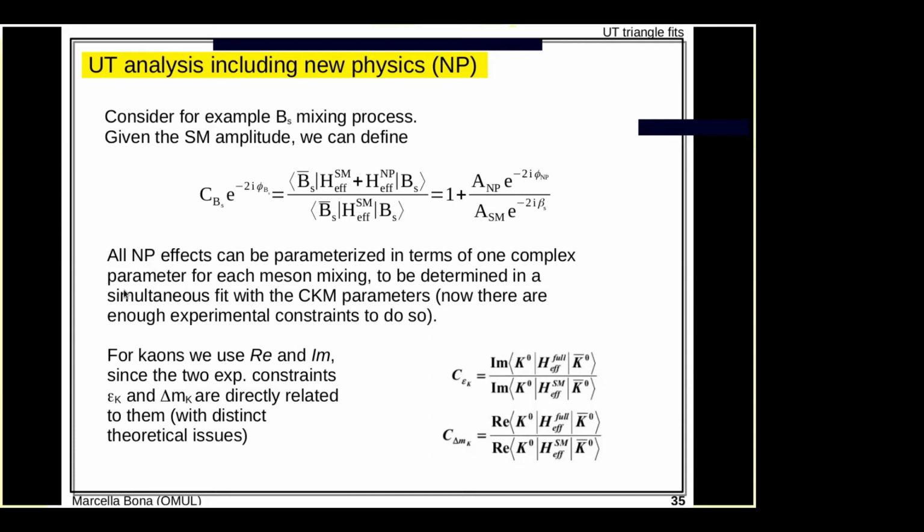Basically, you can associate an amplitude and a phase to each delta F equals 2 transition, so each meson mixing: the B sub D, B sub S, K, D and so on.